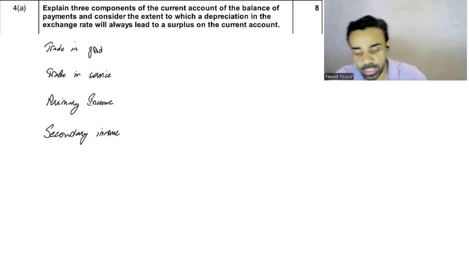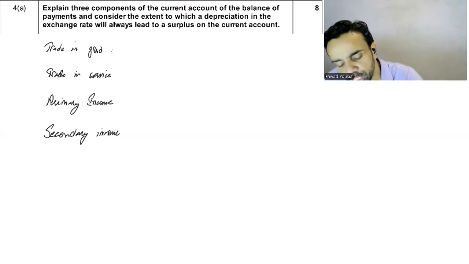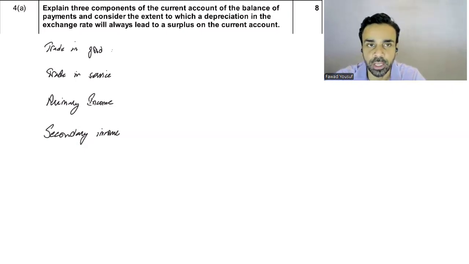This is where the kids were making mistakes. When they had to explain trade in goods, the key word we were looking for was that kids should write exports minus imports. We say it's the net value of goods and services.